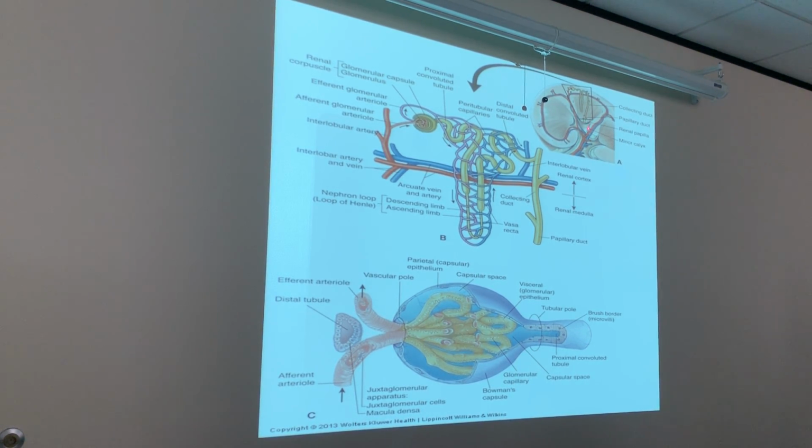So from here it goes into the minor calyces, into the major calyces, into the pelvis, into the ureter. Here it tells you about the afferent and the efferent. Sophie, were you asking me if it was inside of it? Well, yeah, it is on the inside of it as it's going into the glomerulus. Okay.